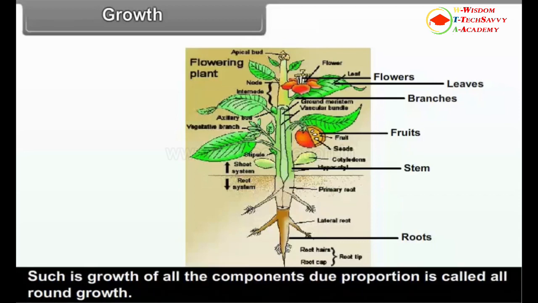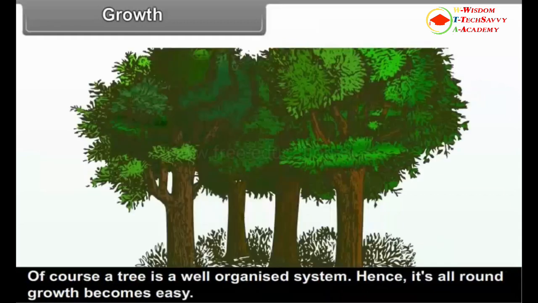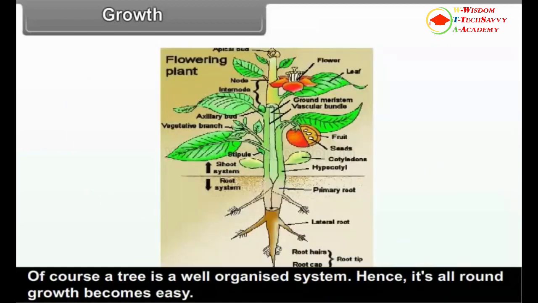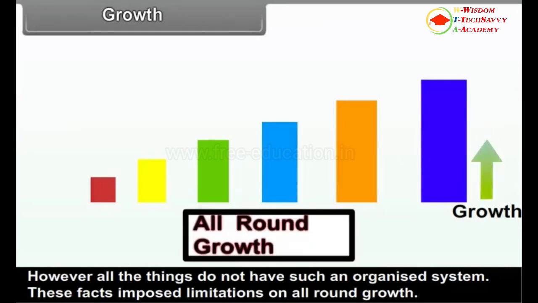Such a growth of all the components in due proportion is called all-around growth. Of course, a tree is a well-organized system. Hence, its all-around growth becomes easy. However, all the things do not have such an organized system. These facts impose limitations on all-round growth.